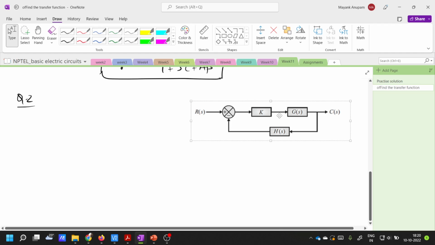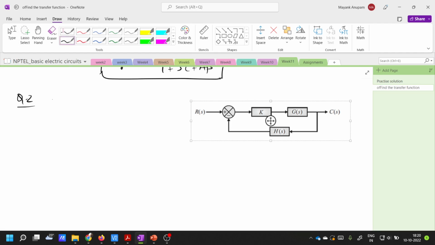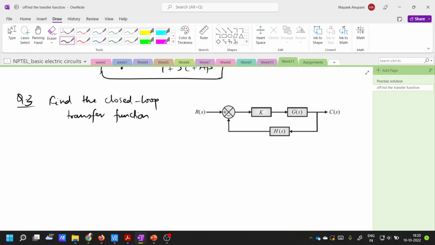In this question 3, we have to find the closed loop transfer function from R of S to C of S. What is the formula for the closed loop transfer function?